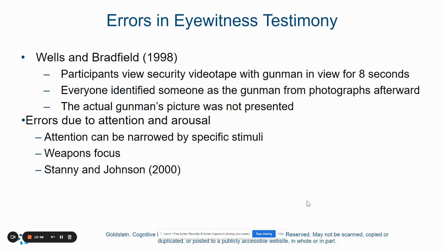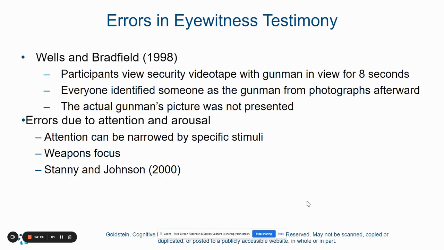So there have also been lots of stories on errors in eyewitness testimony. I really want you guys to watch that video this week. Wells and Bradfield did a study in 1998 where they had participants view a security videotape with a gunman for 8 seconds. They identified someone as the gunman, and the actual gunman's picture wasn't presented. But when that happens, people try to find the right person, even if that person isn't there.